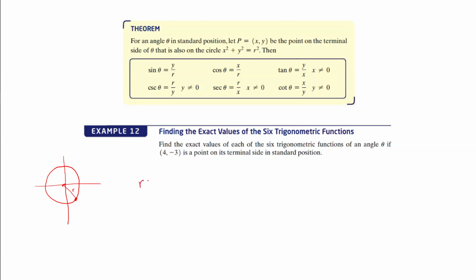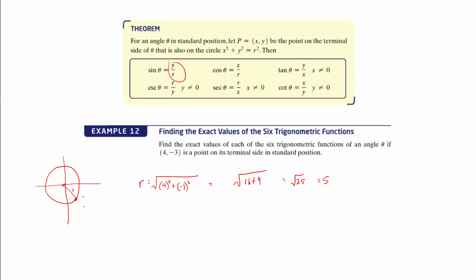So we're going to calculate the radius, using the distance formula, or the equation for a circle. It's the square root of 4 squared plus -3 squared, which equals the square root of 16 plus 9, otherwise known as the square root of 25, which is 5. So we now know that the radius is 5, and we can plug it in here and calculate these.